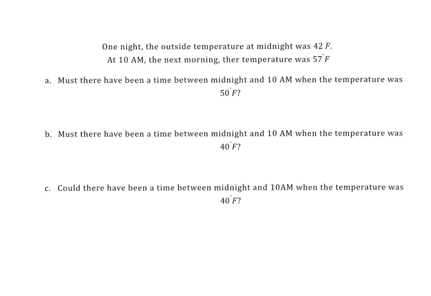Okay, so now 3 questions, very easy, pretty obvious, but they're obvious because of the intermediate value theorem. One night, the outside temperature at midnight, so at 12 a.m., was 42 degrees. At 10 a.m. the next morning, the temperature was 57 degrees. Well, let's think about that as a function.